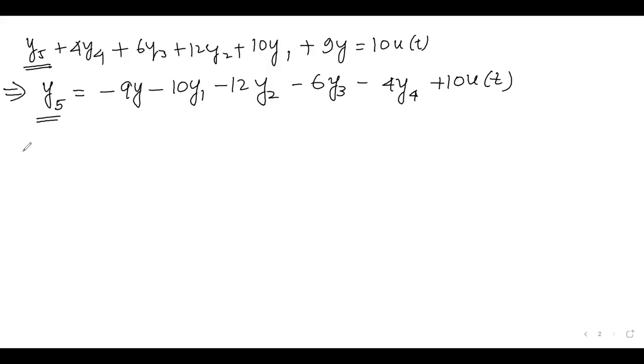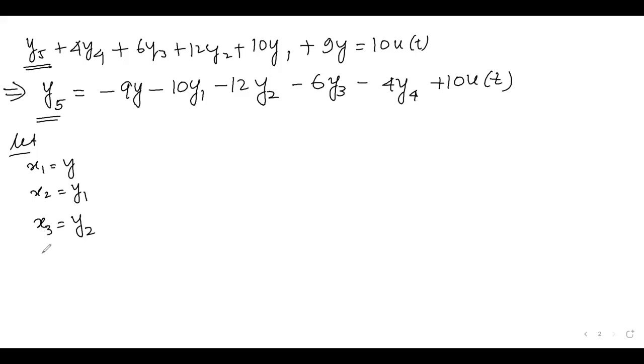Now we'll assume the variables. Let x1 equal to y, x2 equal to y1, x3 equal to y2, that is the second derivative. If you have a problem, you can write it as dy/dt, d2y/dt2, d3y/dt3, d4y/dt4.